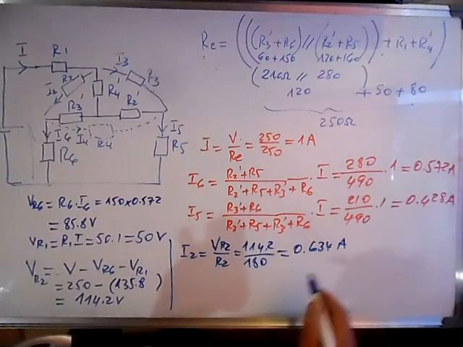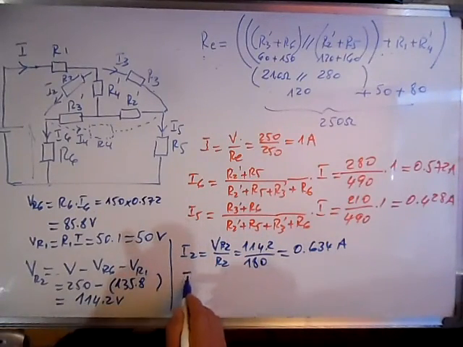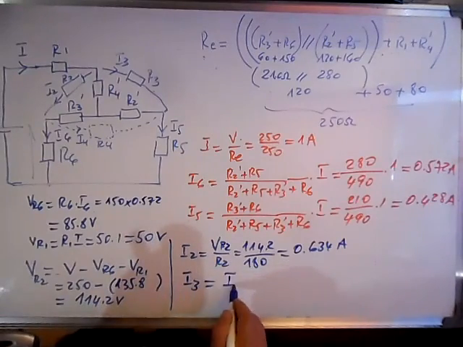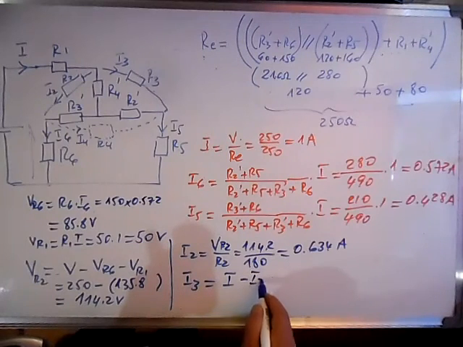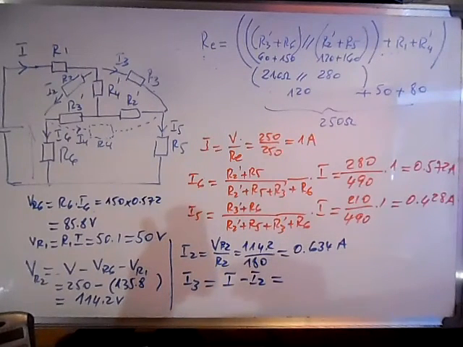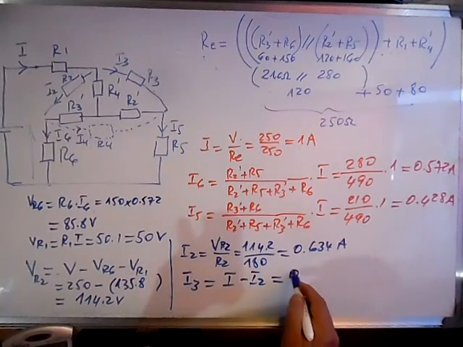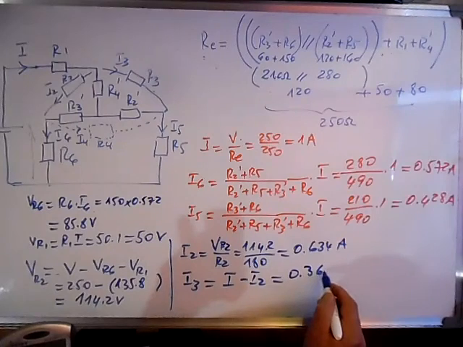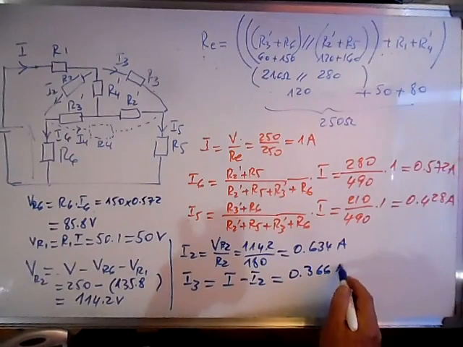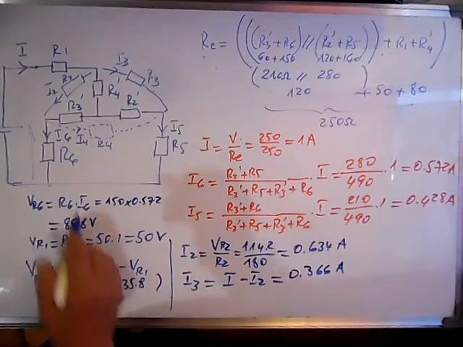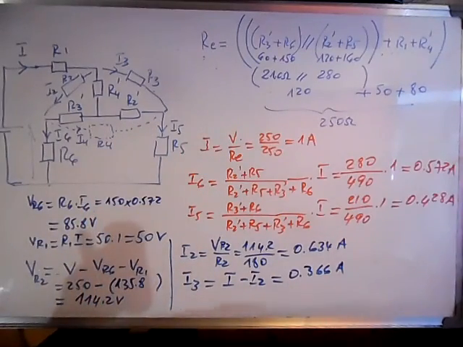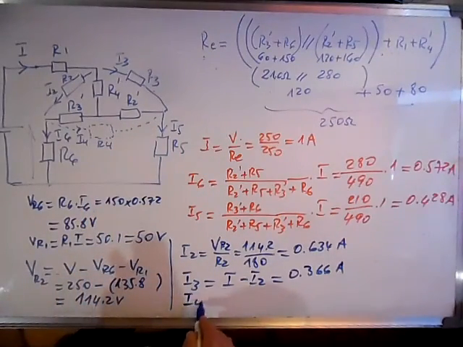It's 0.634 amps. And I3 we can calculate because at this node I minus I2 is 1 minus 0.634, and it's 0.366 amps. We have calculated I2, I3, and we are left with I4.